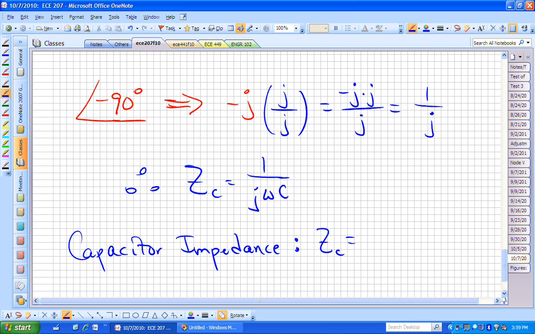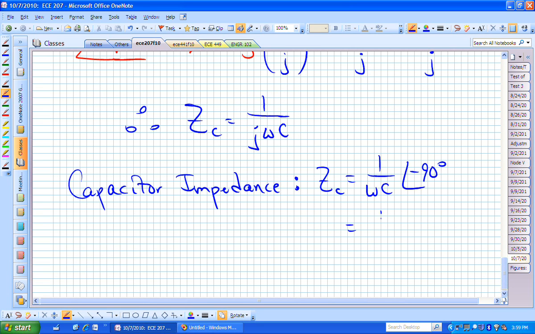That's Z sub C. That's 1 over omega C at an angle of minus 90 degrees, or it's 1 over J omega C. And that you'll put on your crib sheet for the exam. You'll say, oh, if I'm dealing with sinusoidal steady state analysis, I'm going to use that complex impedance, Z sub C, for my capacitors.